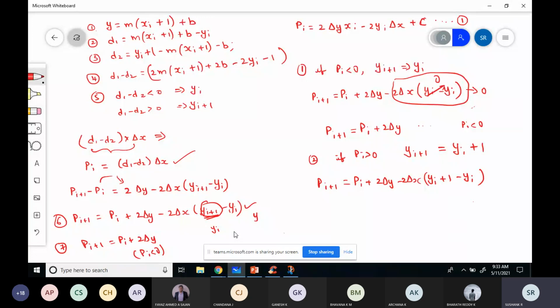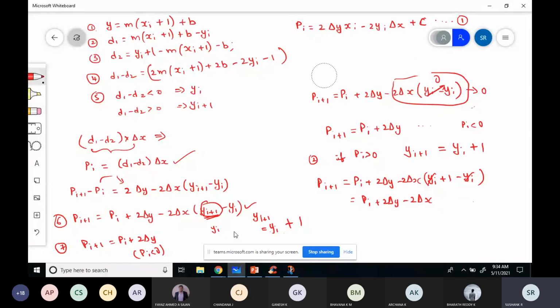So here I'm replacing this y of i plus 1 with y_i plus 1. So y_i cancels, it will be 1. So the answer will be p_i plus 2 times delta y minus 2 into delta x, because this is only one. So you will get this equation.